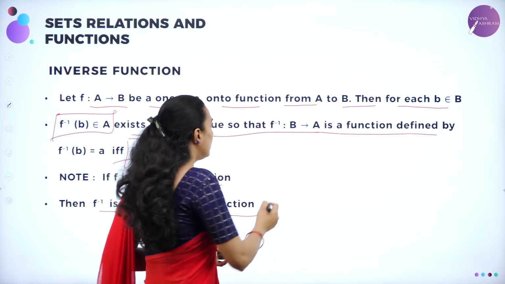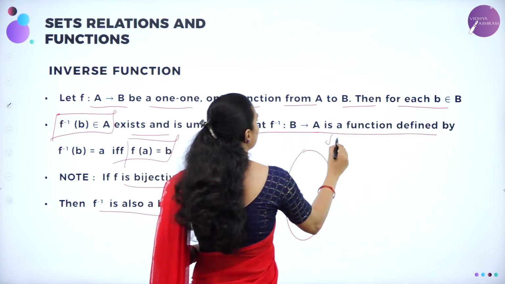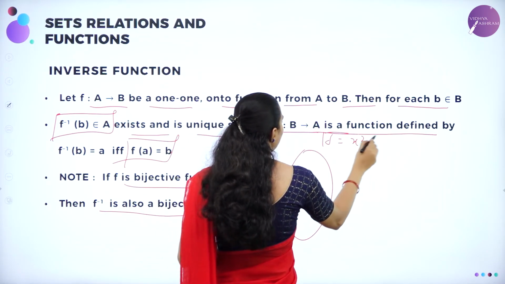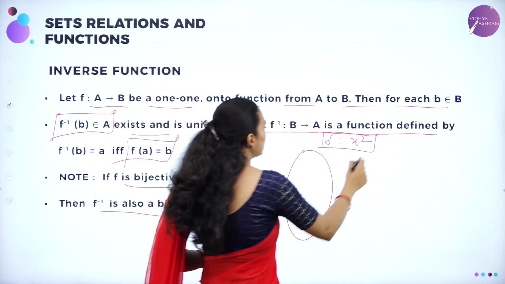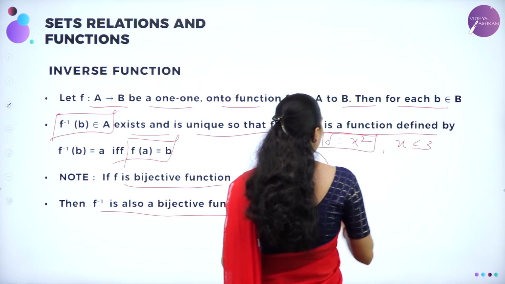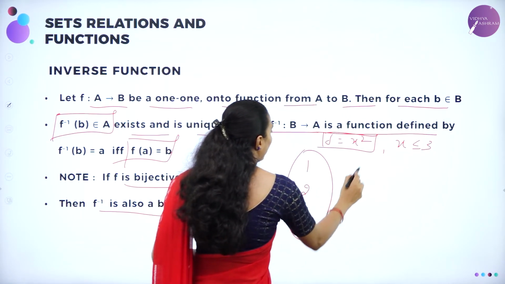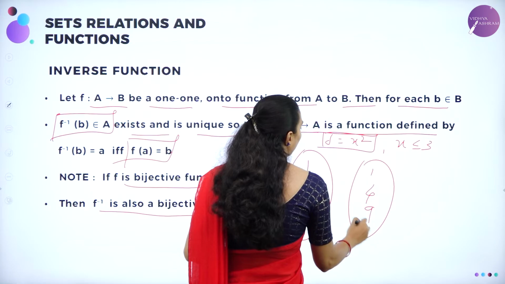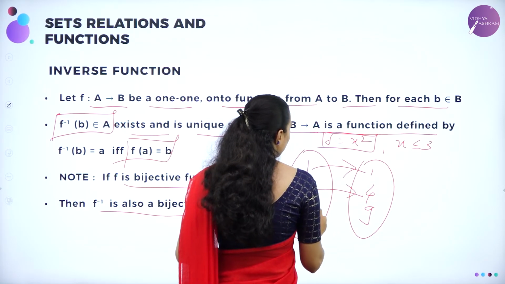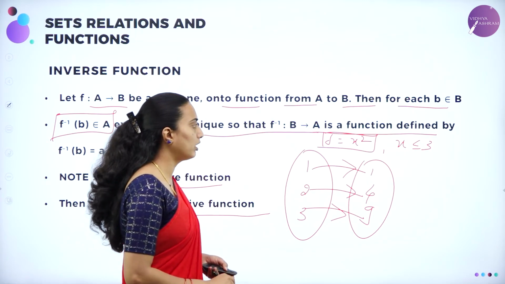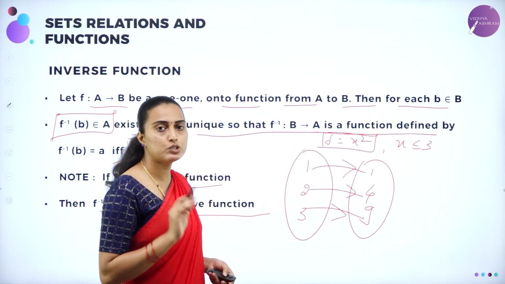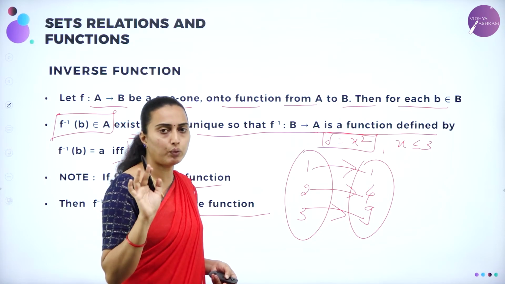For example, let me take f of x equal to x squared, from the natural numbers, which start from 1, for x less than or equal to 3 only. Let me take 1, 2, 3, and here I have 1, 4, 9 only. You can observe here: 1 to 1, 2 to 4, 3 to 9, because 1 squared is 1, 2 squared is 4, 3 squared is 9 only.